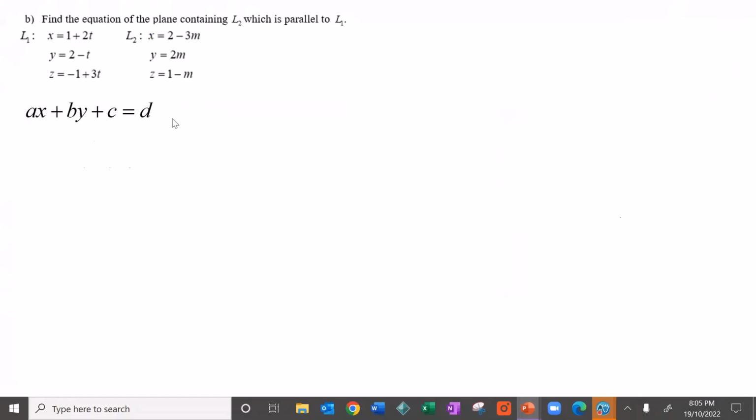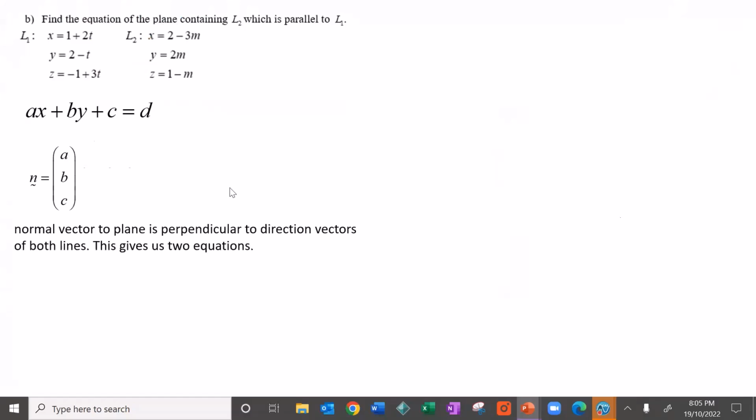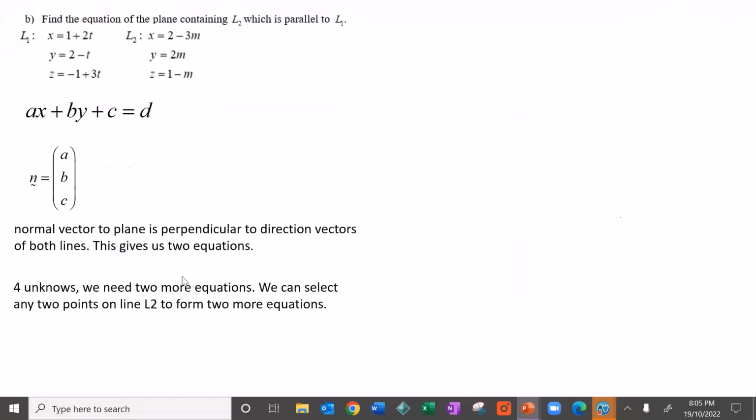So we have 4 unknowns, and we need to come up with 4 equations. The normal vector of the plane is A, B, C, and it is perpendicular to the direction vectors of both lines. That will give us 2 equations.